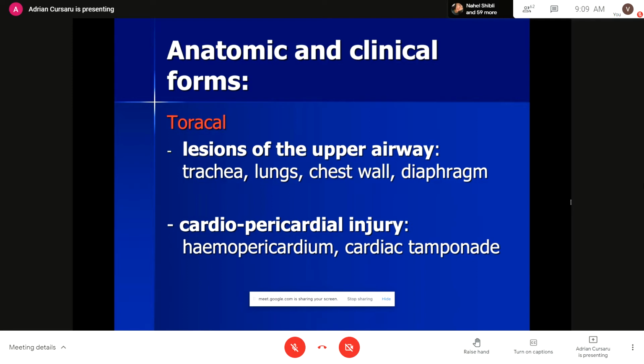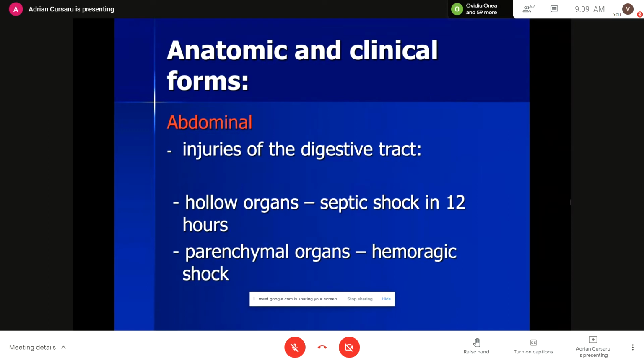In cardiopericardial injury, we have here the pericardium or cardiac tamponade, and it is very important to establish that kind of lesion because it is very important for the evolution of the patients.